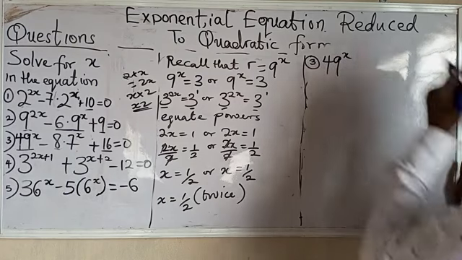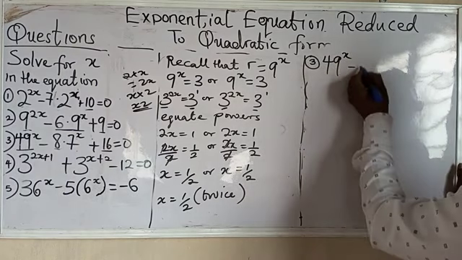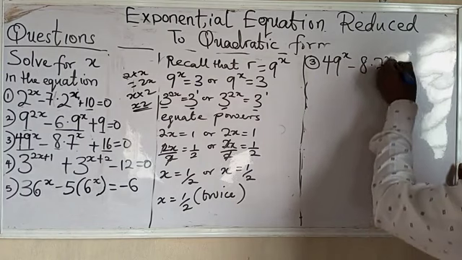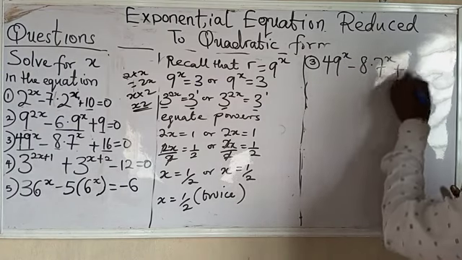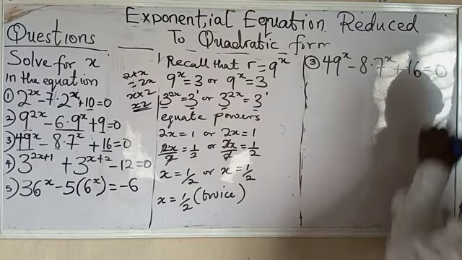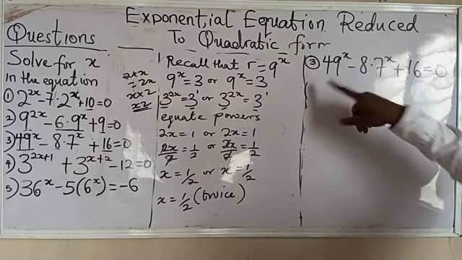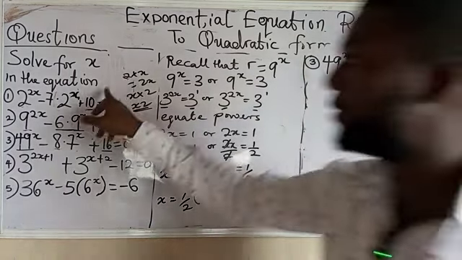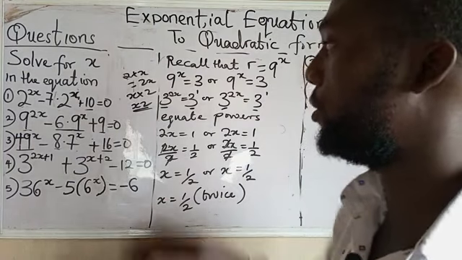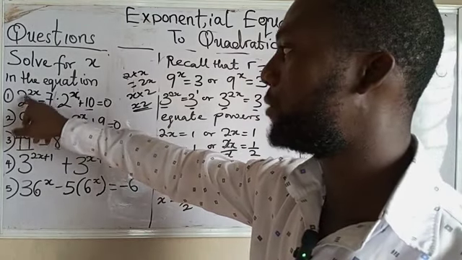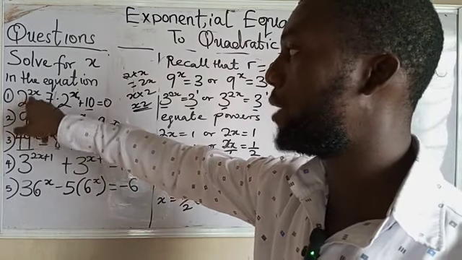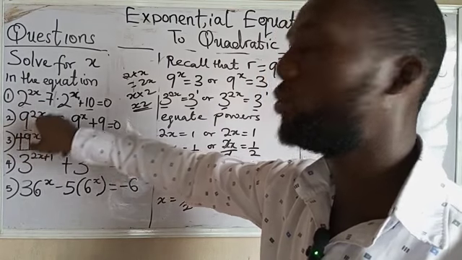49 raised to power x minus 8.7 raised to power x plus 16 equals 0. So now we have 49, unlike our first question and our second question, where we have something that is raised to 2, that is 2 raised to power 2 something, 9 raised to power 2.